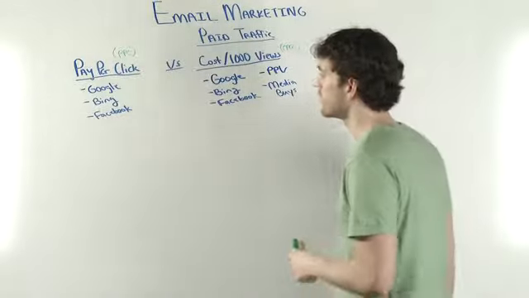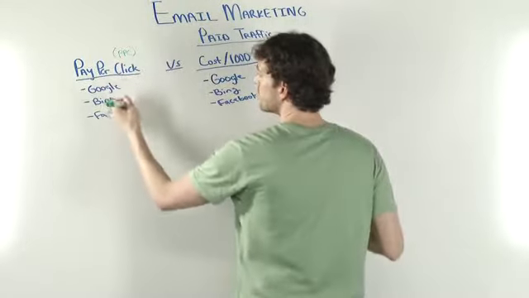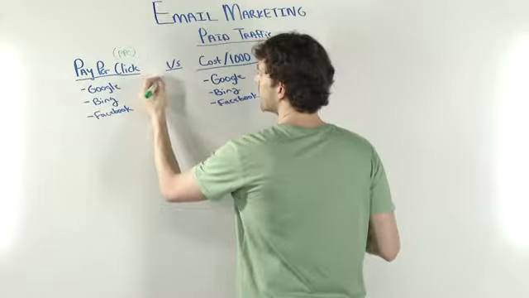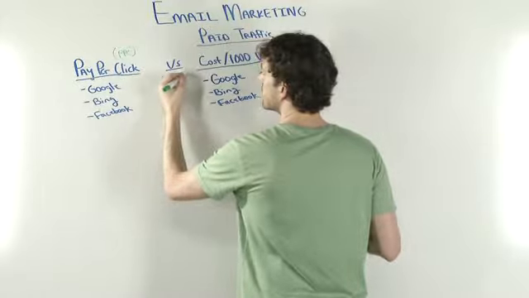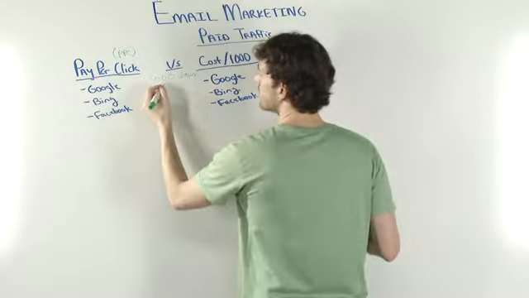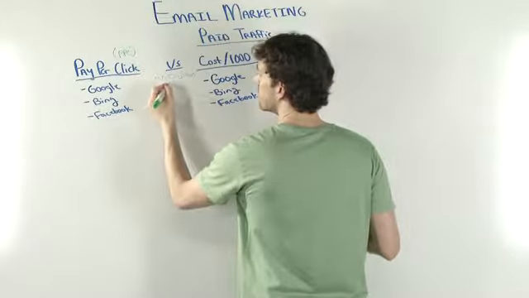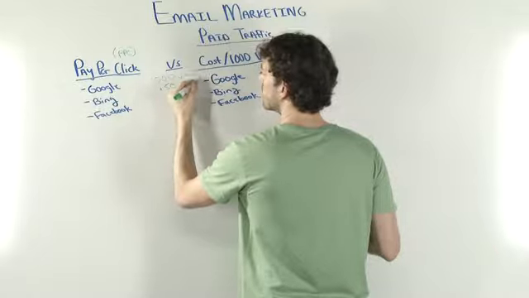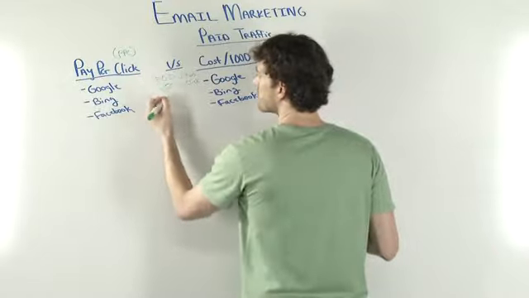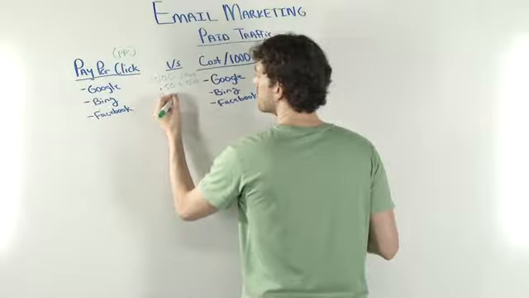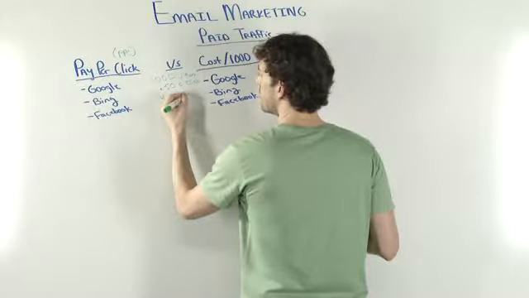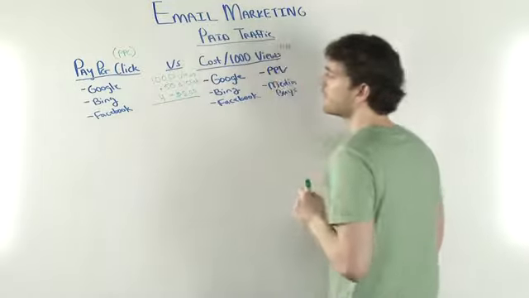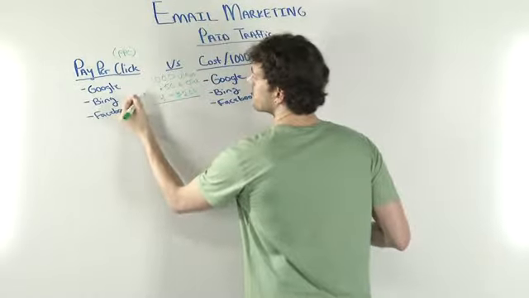Let me give you an idea of how this works. If you were doing cost per click advertising, let's say you had 1,000 views and you were paying 50 cents a click. Let's say out of the 1,000 views, you got 4 clicks, which equals a $2 spend. That would be PPC.